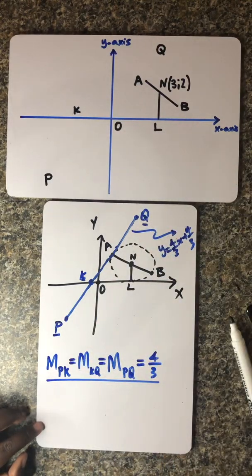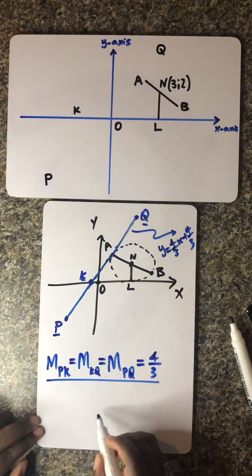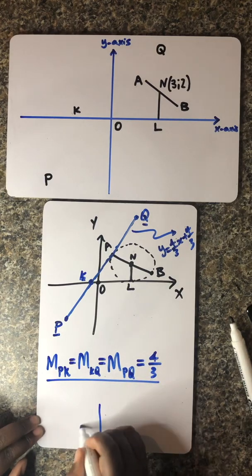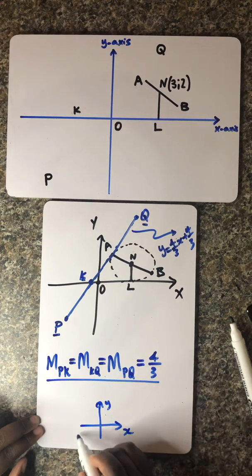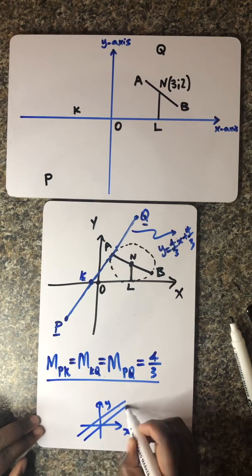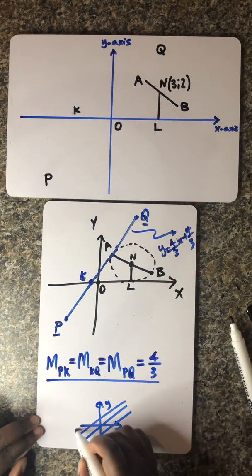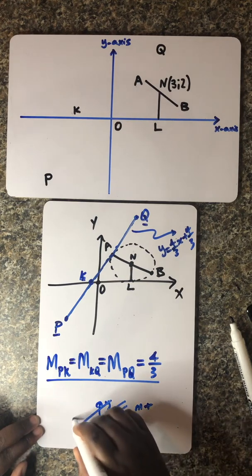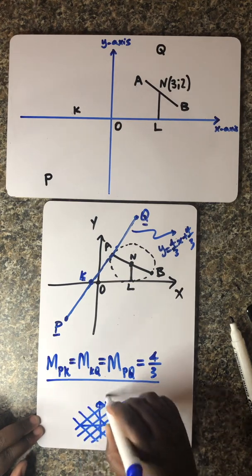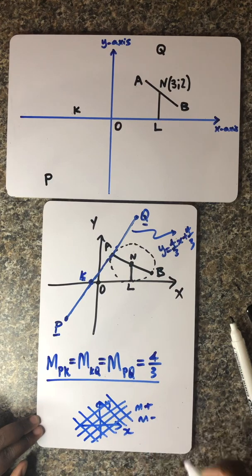And remember, I've just indicated to you that if you've got, let's say, this is a Cartesian plane, this is y, this is x, a line in that direction, a line in that direction, has a positive gradient. Okay, obviously lines in that direction will have a negative gradient. Very much important, ladies and gentlemen.